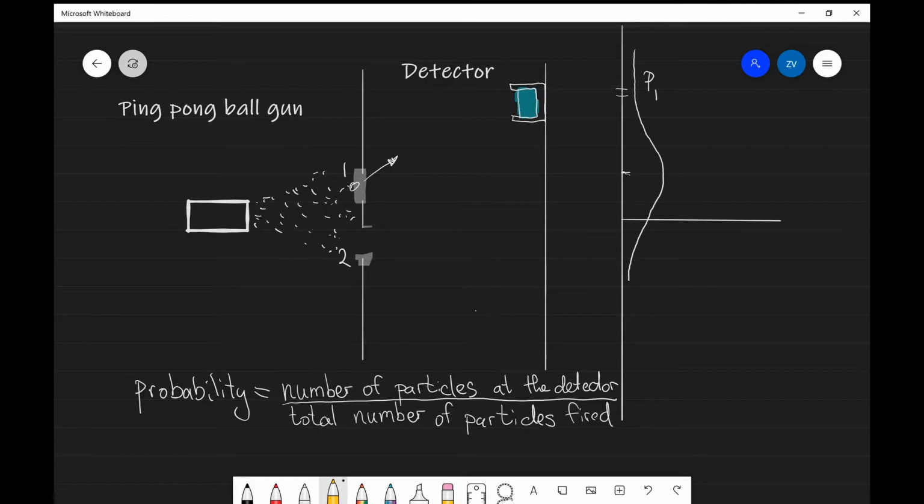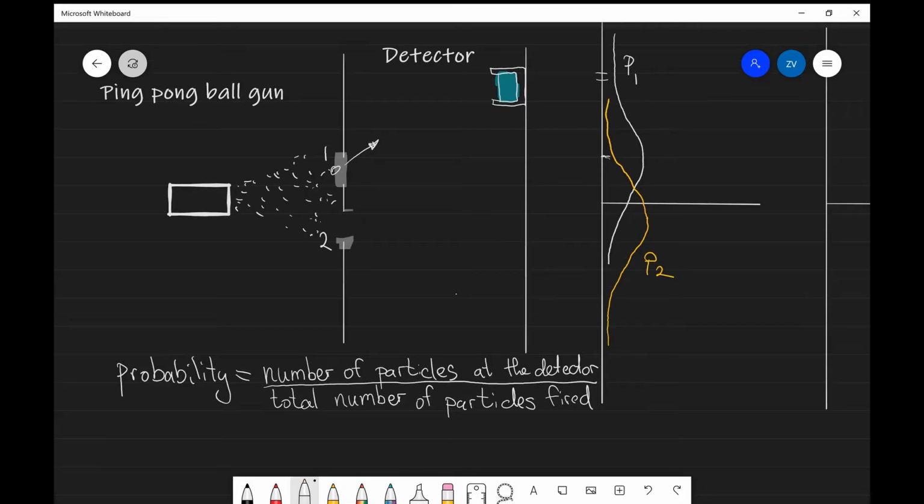This is the position in which it is far more likely to find a particle. So we're going to start off with quite a low probability, rising and reaching a peak opposite where slit number 2 is, and then the probability is slowly decreasing. We're going to call that probability number 2.